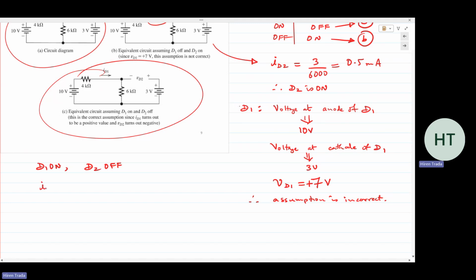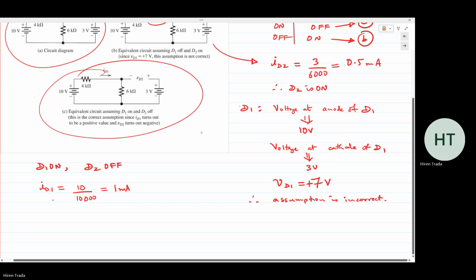I can find out ID1 as 10 divided by 10,000. So 1 milliamp. And then voltage VD2 would be voltage at the anode, VD anode minus VD cathode.